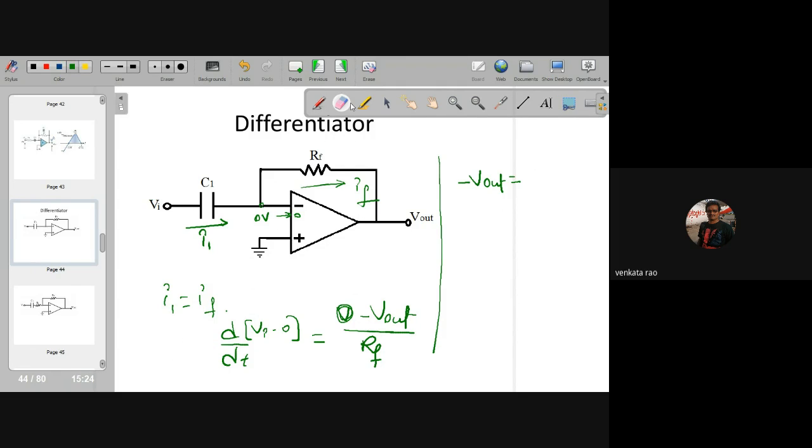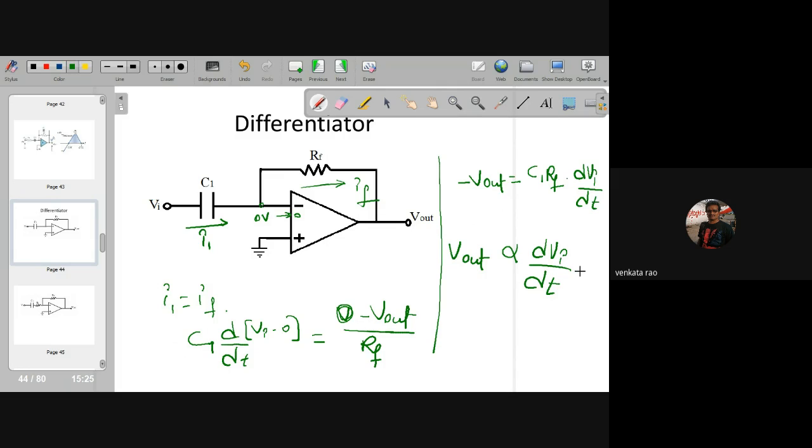This is C, sir, we are writing the current now for a capacitor, not for an inductor. So the output is directly proportional to dVi by dt. So this is a differentiator.